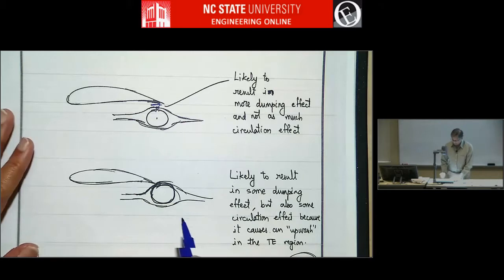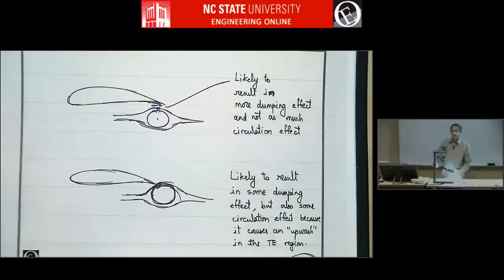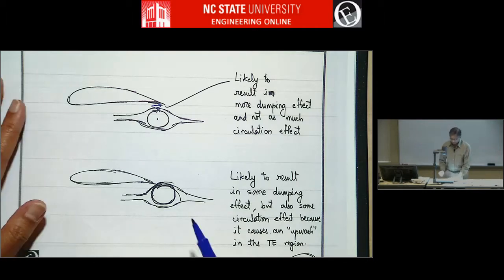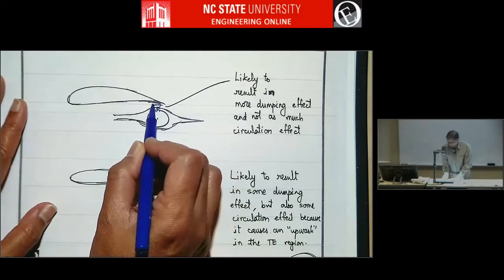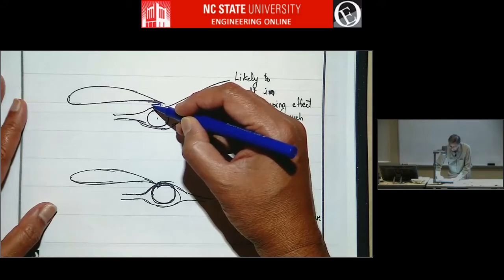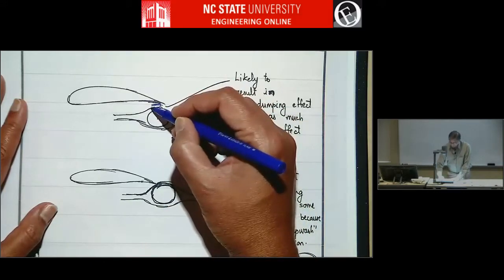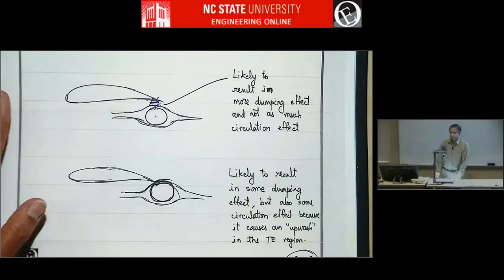That's the question here. But depending on how you move the cylinder, you will get some circulation effect or some dumping effect, or more of circulation, more of dumping of that sort. So here you'll get more dumping effect because you increase the flow speed, but you're not causing any induced flow in the upward direction that will help the circulation effect.